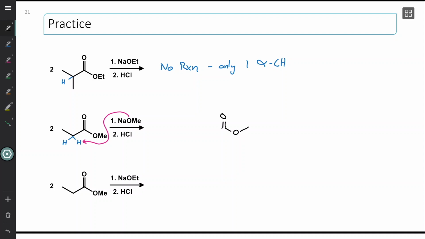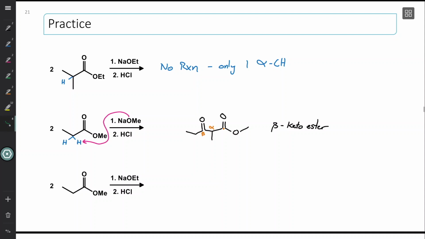So O-methyl, and then that's going to be the product. This is a beta keto ester, by the way. So this is ester, alpha, beta. Just like before we had the beta hydroxy product, now we have a beta keto product.